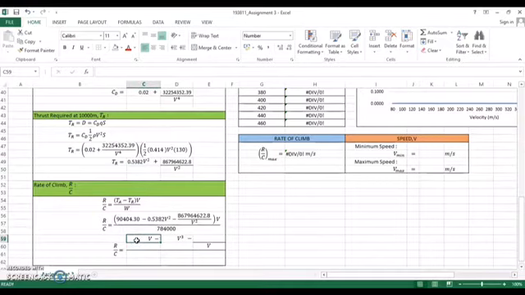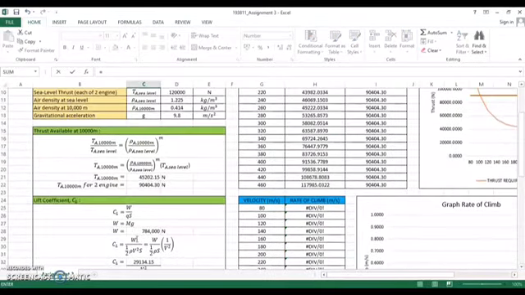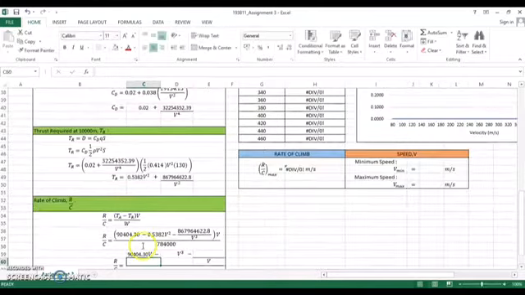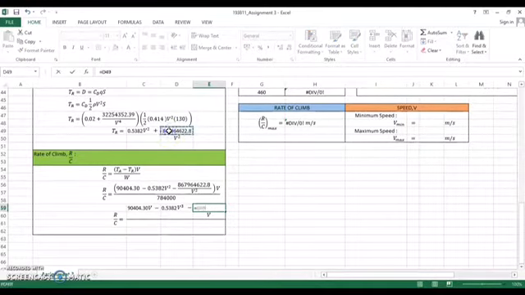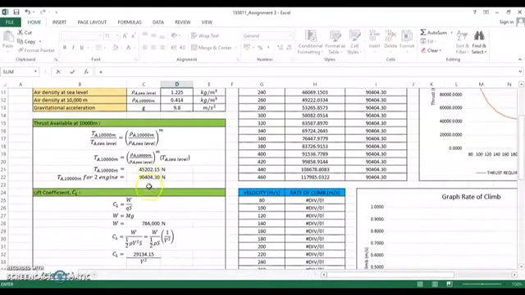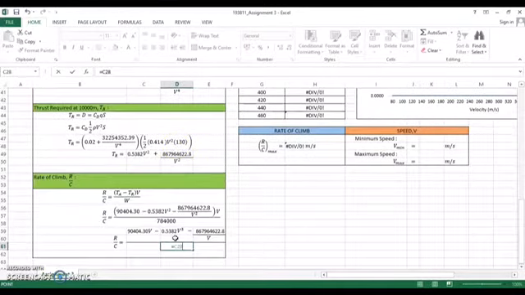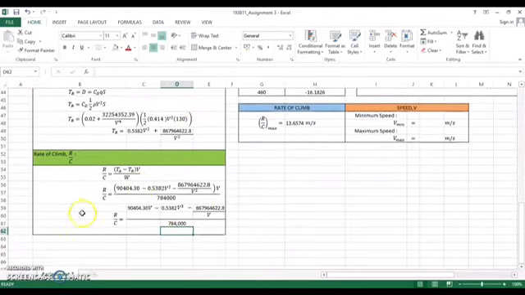This one is TA that you get from the first step, and this one is TR, and this one TR also, and over the weight. And finally you get the equation of R/C for this aircraft.